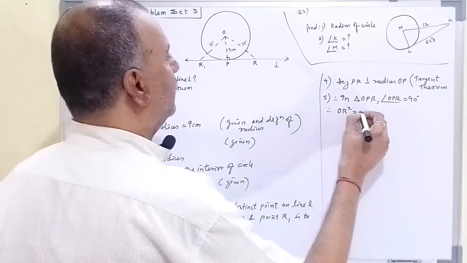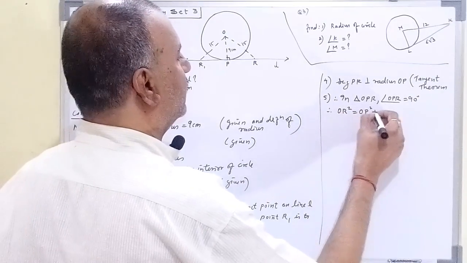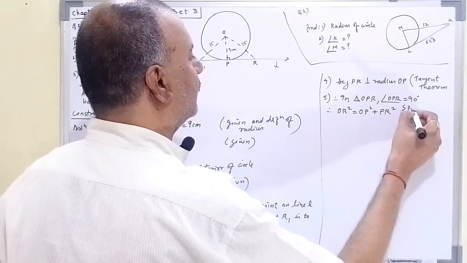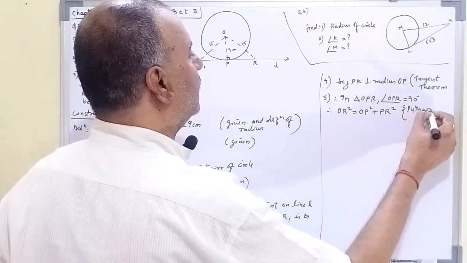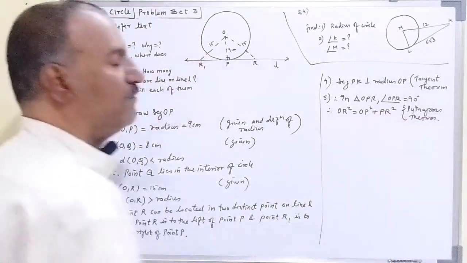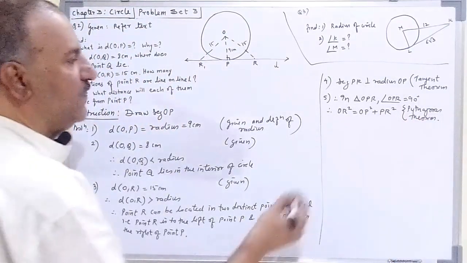OR square equal to OP square plus PR square, Pythagoras theorem. Substitute value.